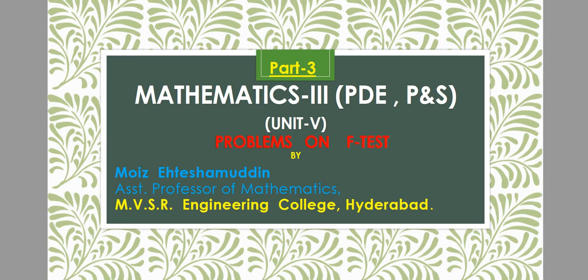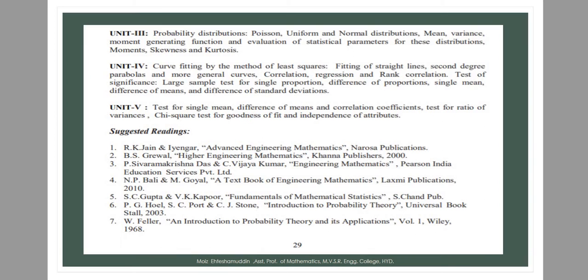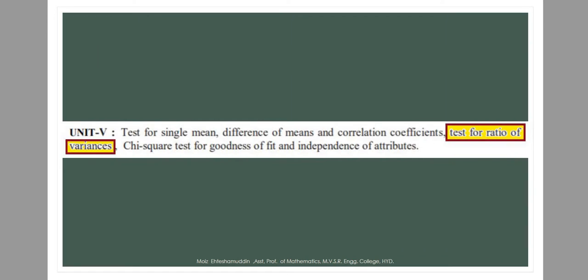Earlier we discussed, in earlier sessions, the overview and also the problems on the t-test. Today, in this particular session, we will be dealing with only the f-test. This is the syllabus copy, and we are dealing with the 5th unit, and here are the topics of the 5th unit.